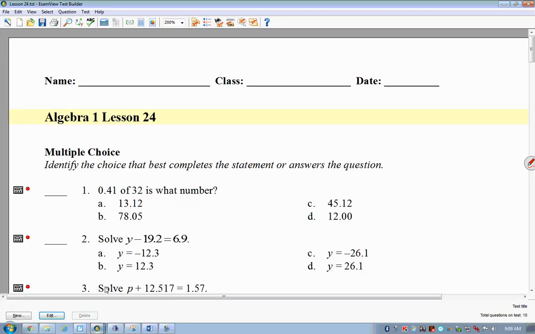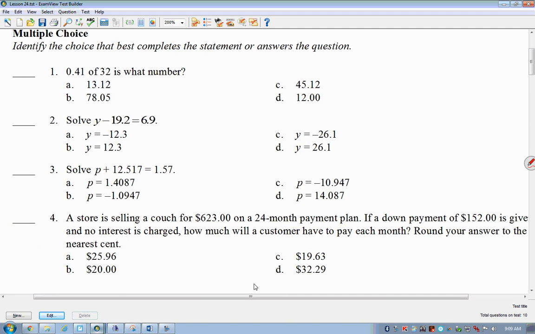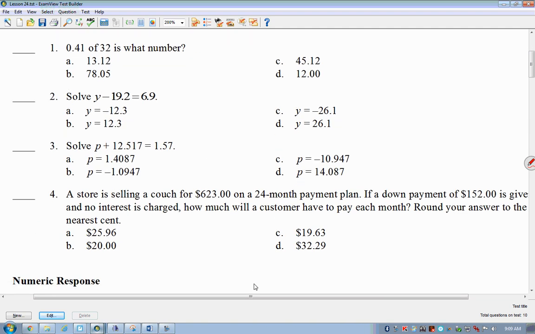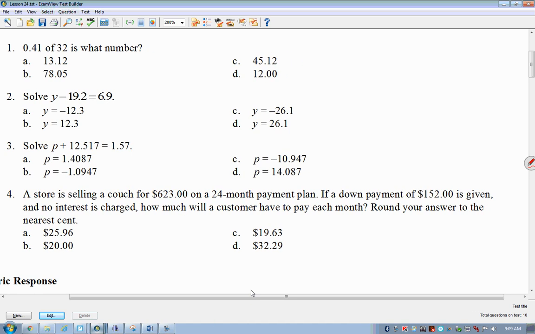Let's see, hopefully I've got, here we go. So if we want 0.41 of 32, 0.41 of 32 is what number? What are we going to do there? Divide. Okay. Multiply.